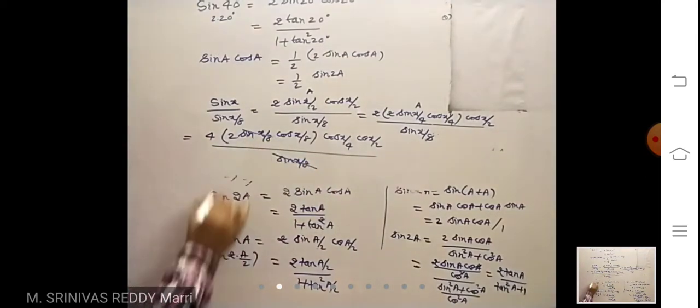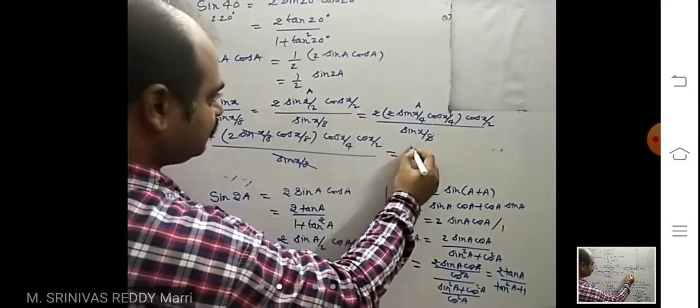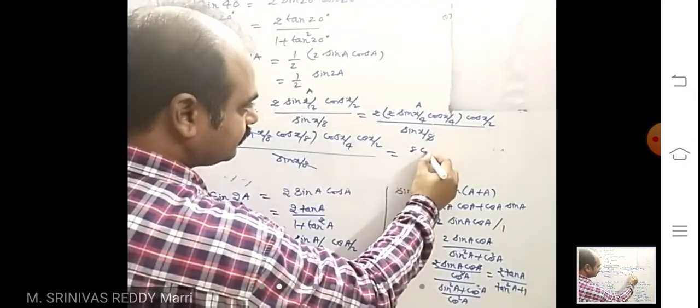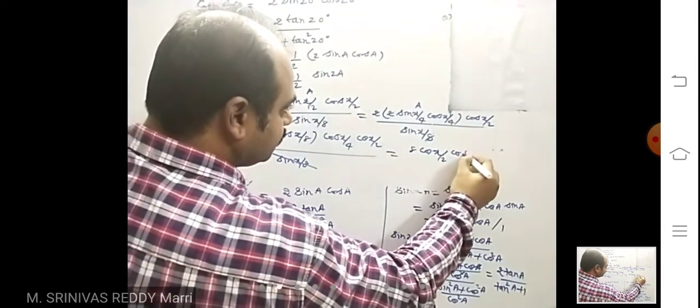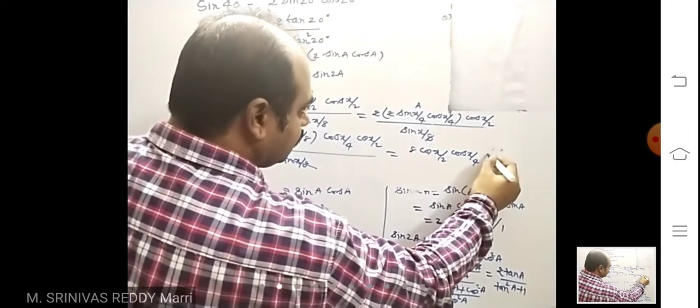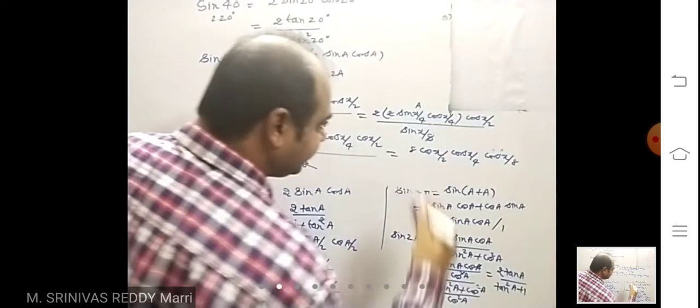Sine x by 8 now got cancelled. That means this ratio is equal to 4 into 2, 8 cos x by 2 cos x by 4 cos x by 8.